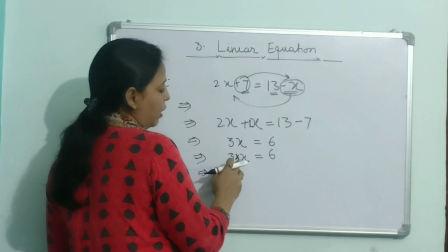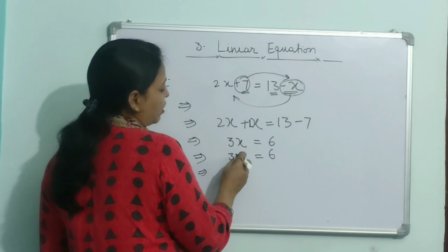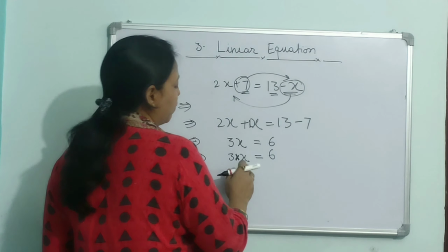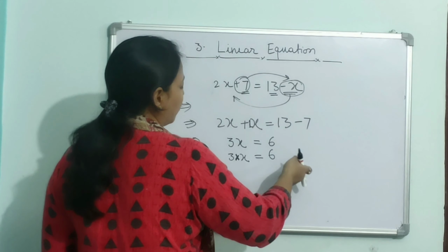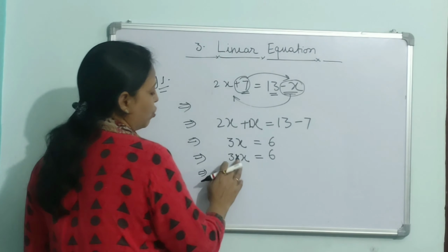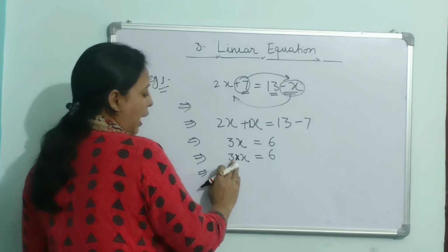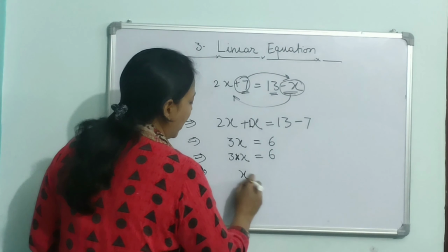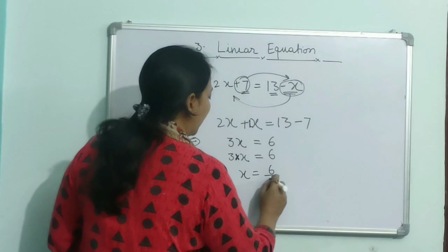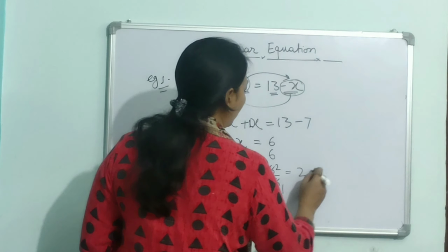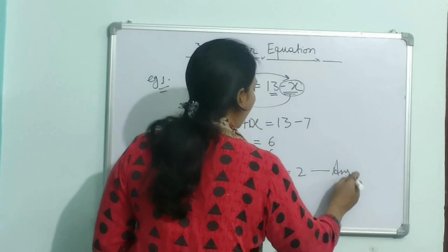In the same way, if you are shifting any number which is in multiplication, that will come in division, and any number which is in division, that will come in the form of multiplication. So here this is in multiplication, and you are shifting it to the other side, so it will come in division form. So x is equal to 6 by 3. 3 ones are 3, 3 twos are 6. x is equal to 2. This is your answer.